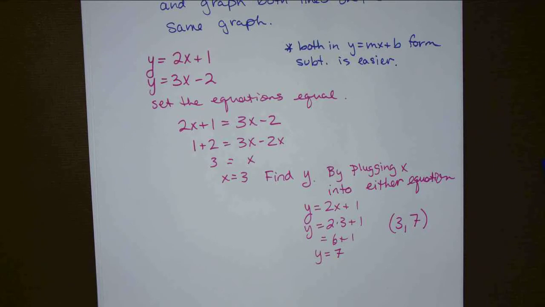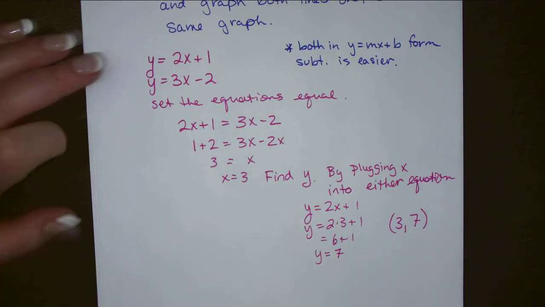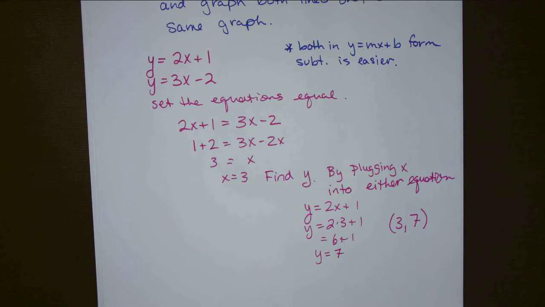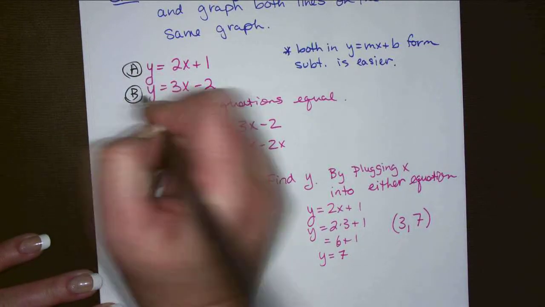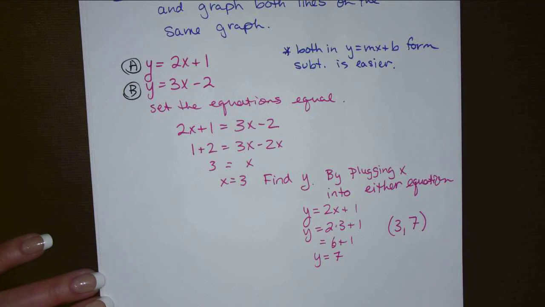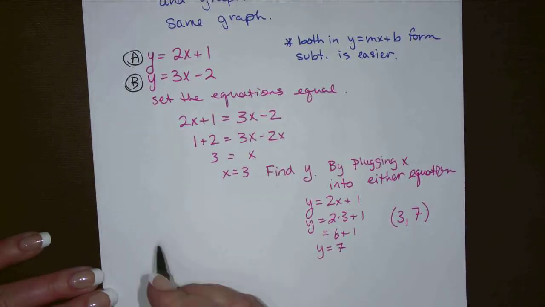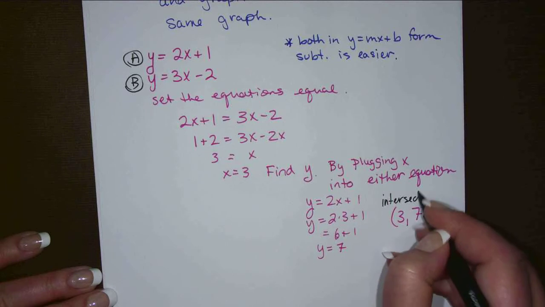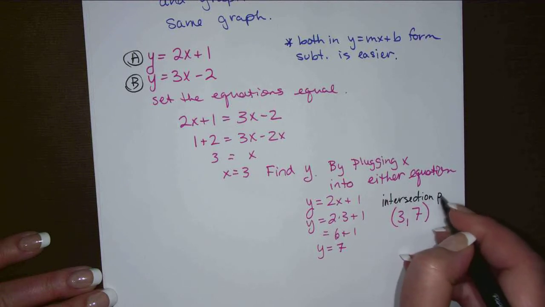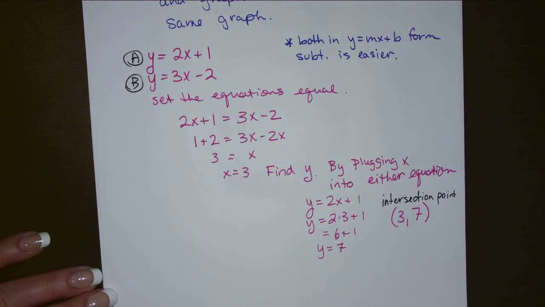Okay. So when you're drawing two graphs, it's good to know the point where they cross, and then it makes it sort of easier because you can plot that point and then the intercepts. So we're going to go back up to the top here because we need to graph them. I'm going to call this one A and this one B, so when I refer to them I can just do it that way. So this is called the intersection point. Right, it's the solution.